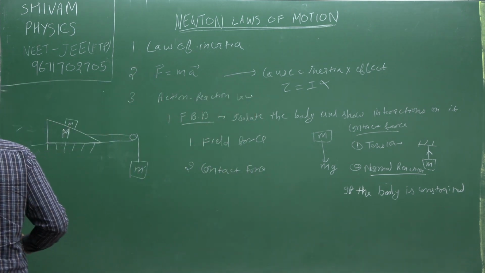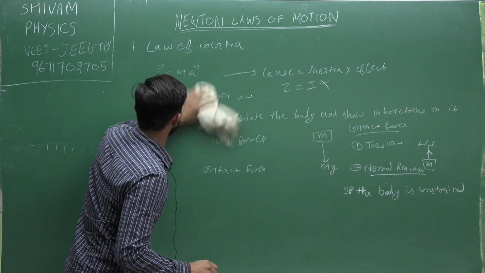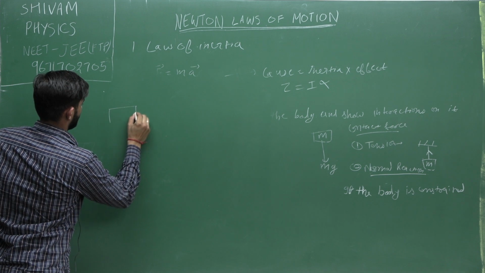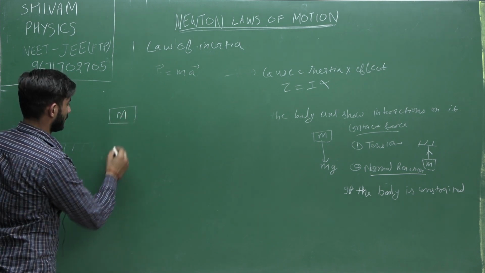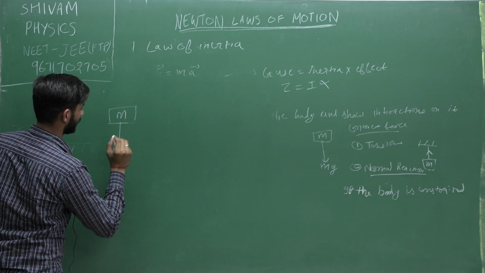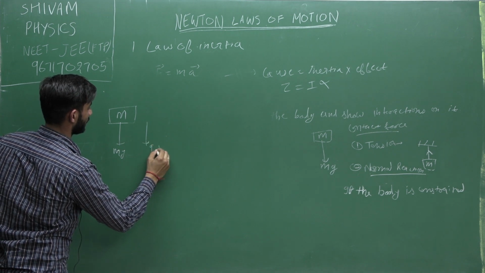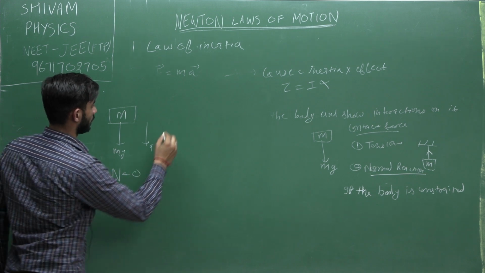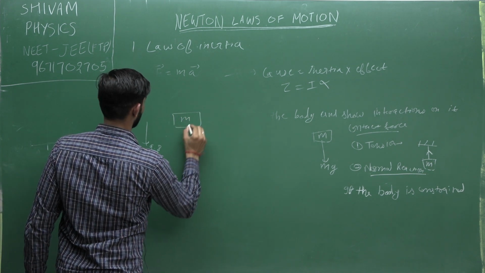To understand this, consider a simple case: a body of mass m, gravitational force acting in the downward direction, and its acceleration is 9.8.